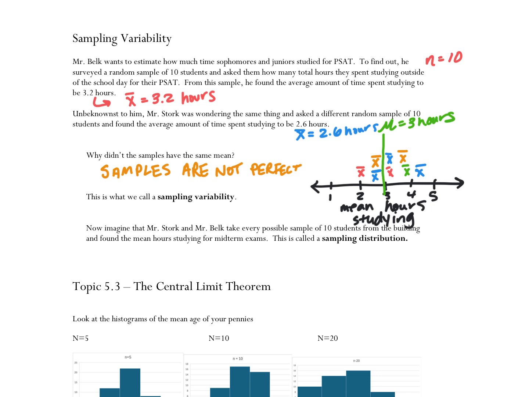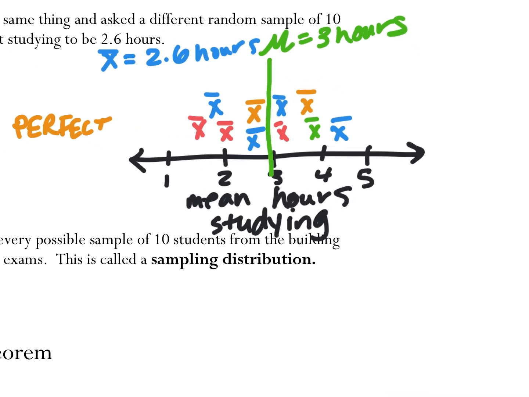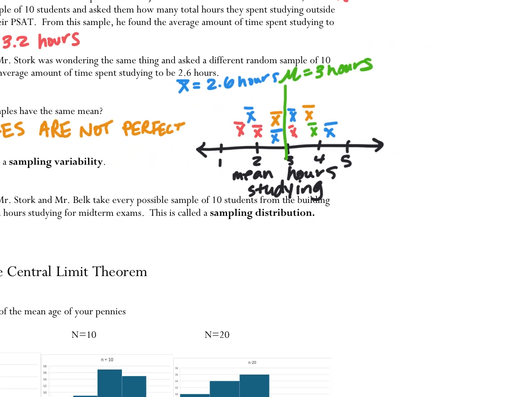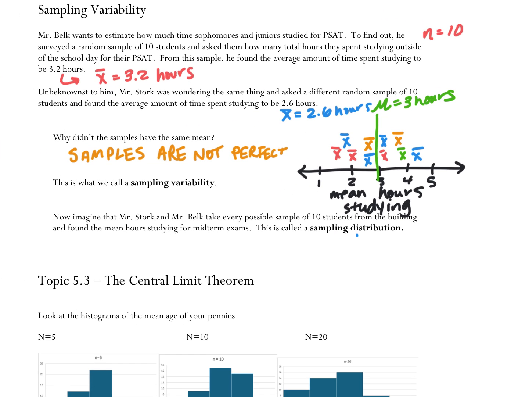Now, one of the things I want to talk about is this, what we call a sampling distribution. A sampling distribution, by definition, is a distribution of measurements. When I say measurements, I'm talking about, say, a sample mean or a sample proportion.